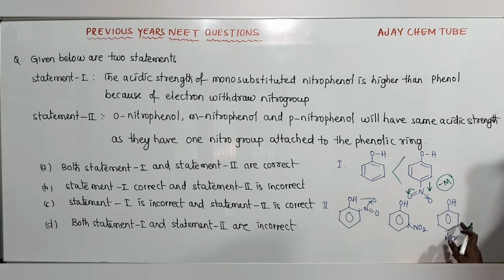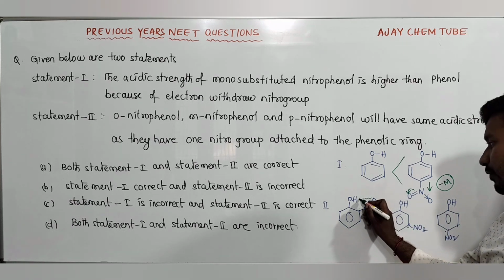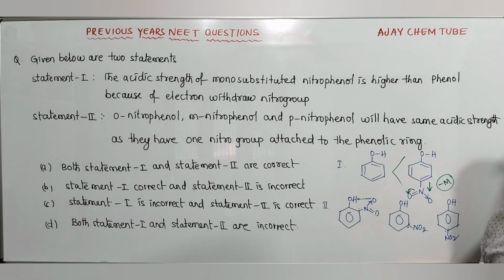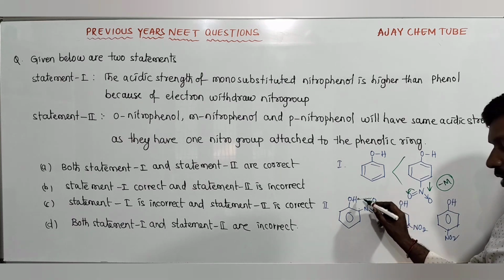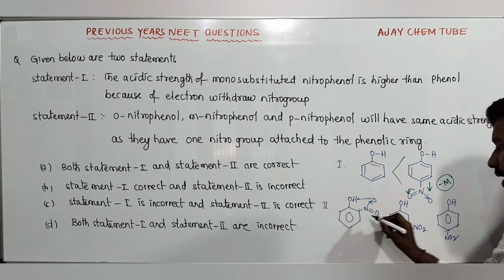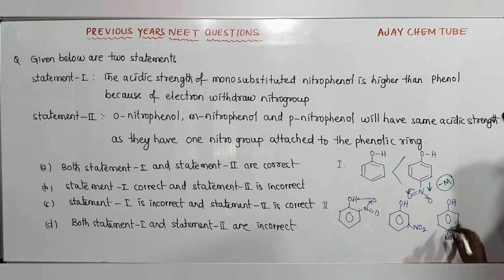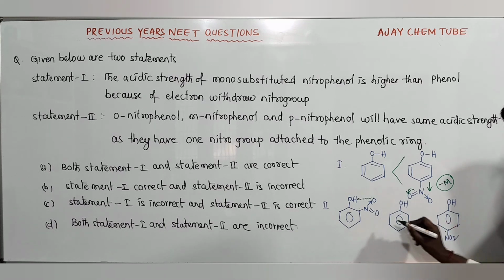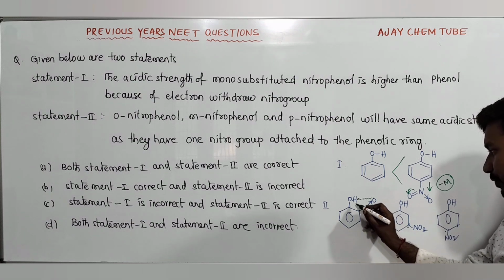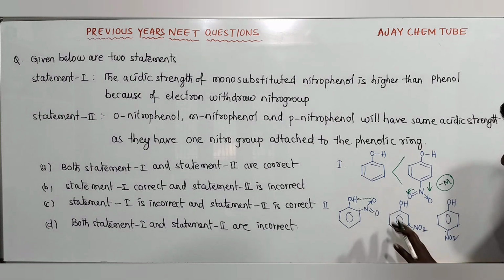Between ortho and para, in orthonitrophenol the hydrogen is involved in intramolecular hydrogen bonding, that's why orthonitrophenol is less acidic than para. So which is more acidic? Paranitrophenol is a stronger acid than orthonitrophenol, which is stronger than metanitrophenol. That means these three are not equally acidic.